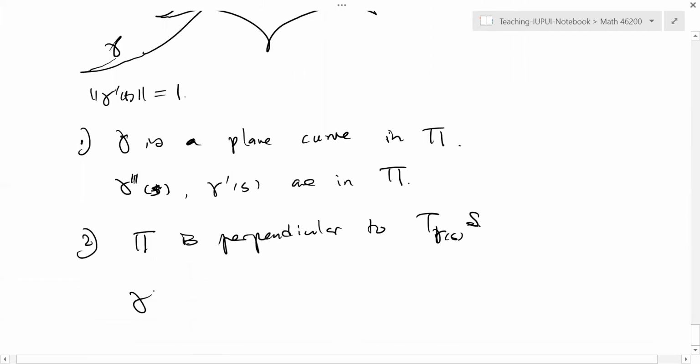So that means gamma double prime cross product, this is the normal vector to the plane, is perpendicular to the normal vector.